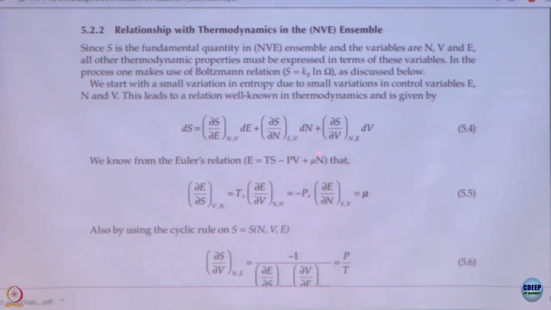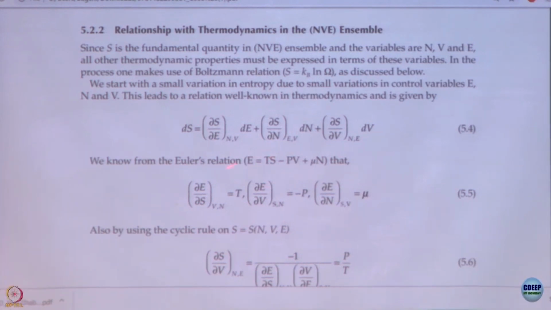If I call it free energy G, then I bring it to this side: E minus TS is E plus PV, E plus PV is the enthalpy, and then enthalpy minus TS is the free energy. These go over both in G and A, where Helmholtz gives free energy, but it is the same.